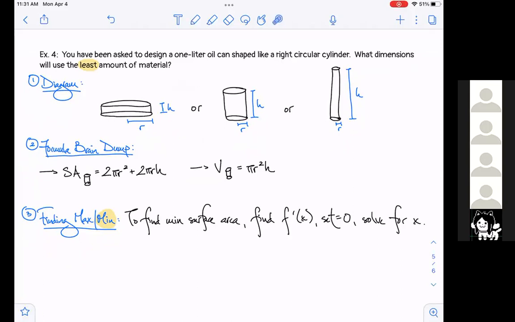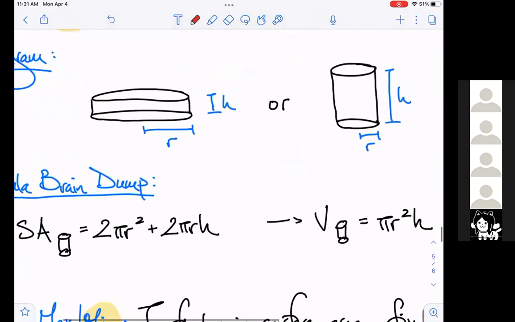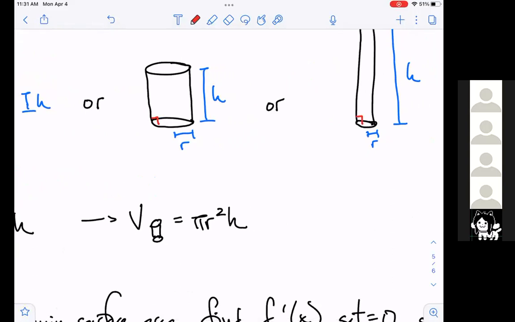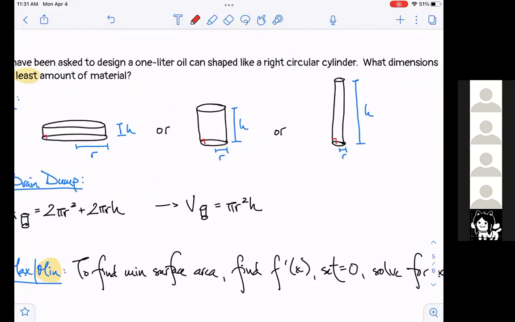Now, one key word in here that we didn't really talk about yet is the word right, all right? So the right circular cylinder means that the side and the bottom or the top meet at a right angle, all right? So it means it's not like a slanted situation.